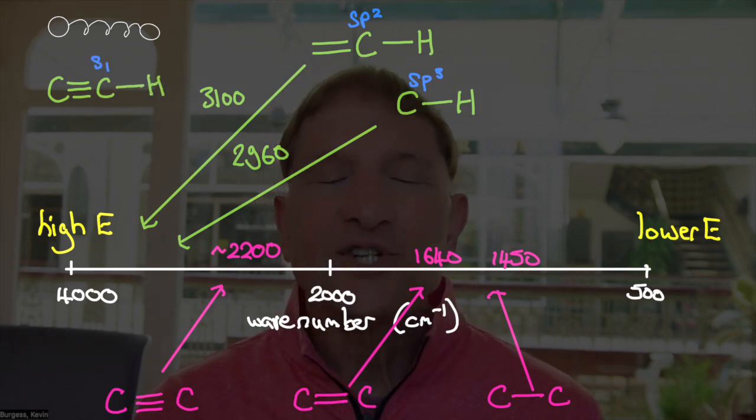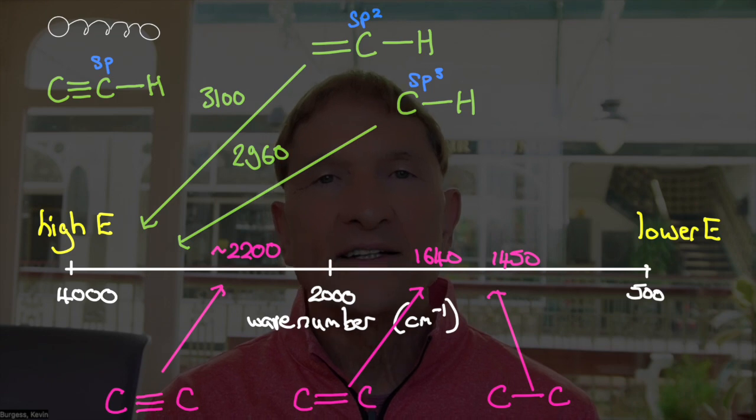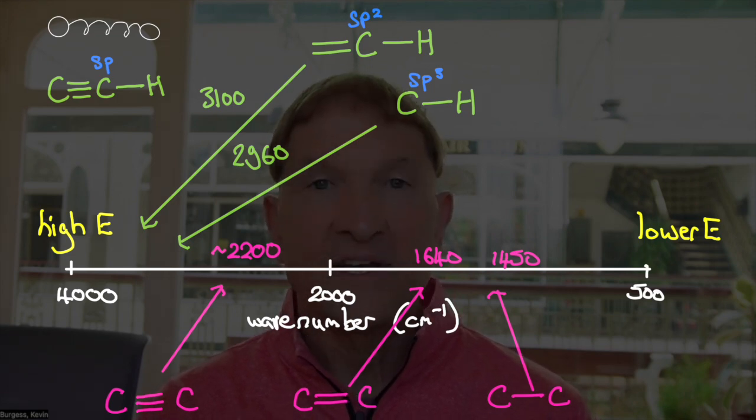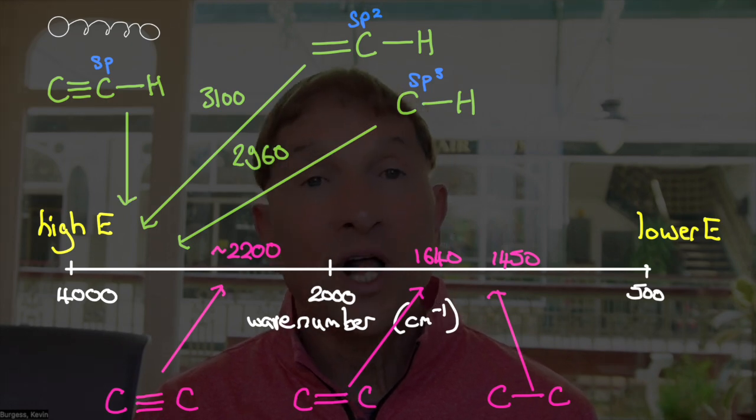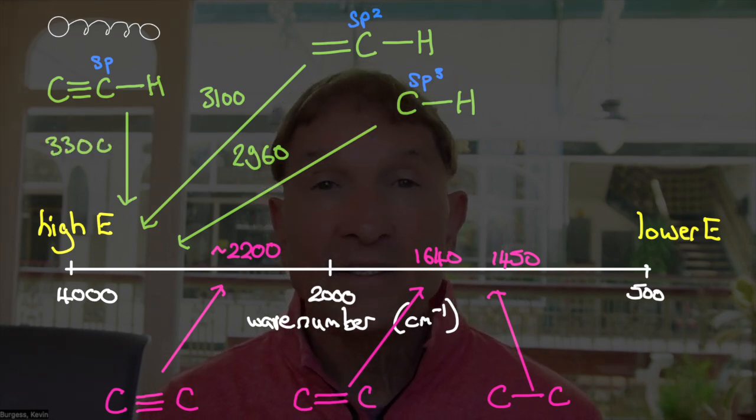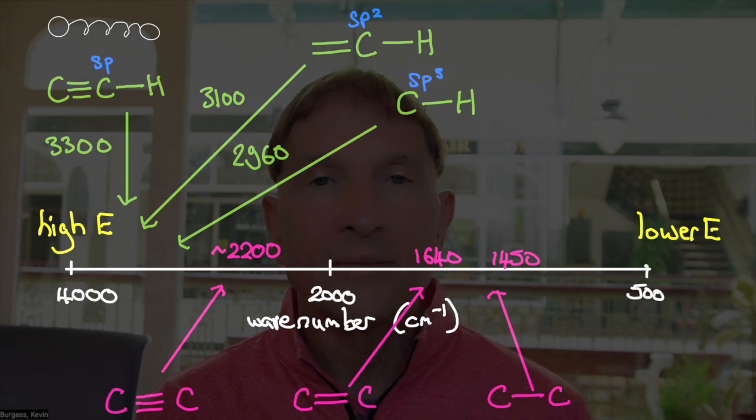C-H bond energies in alkynes are therefore higher than in alkanes, even though they're more acidic. Terminal alkyne C-H stretches then occur at higher wave numbers than alkane C-H stretches.